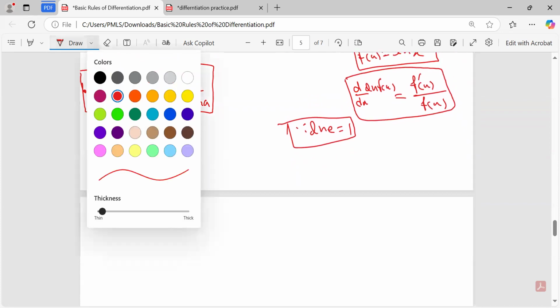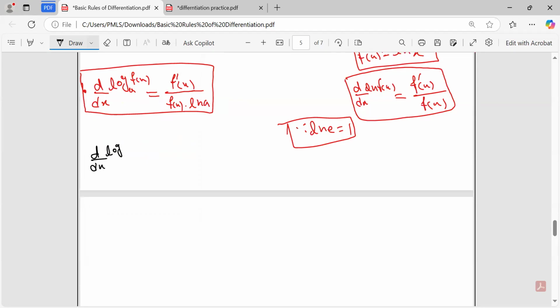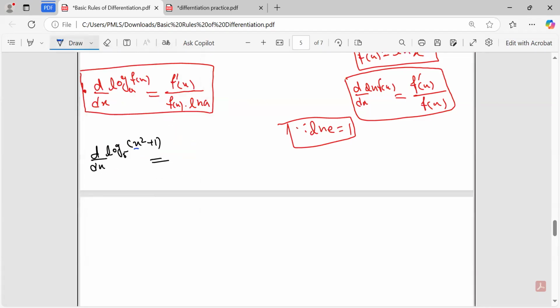Let's take an example, then you will understand better. For example, if we need to find the derivative of log base 5 of x square plus 1, what is the way out? Here you can see that this is f of x. So first of all, the derivative of f of x goes on top.